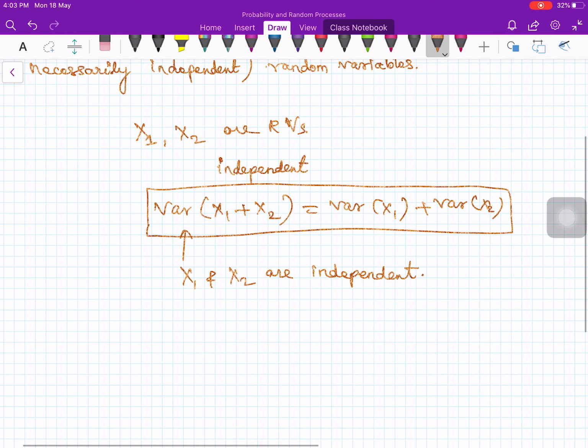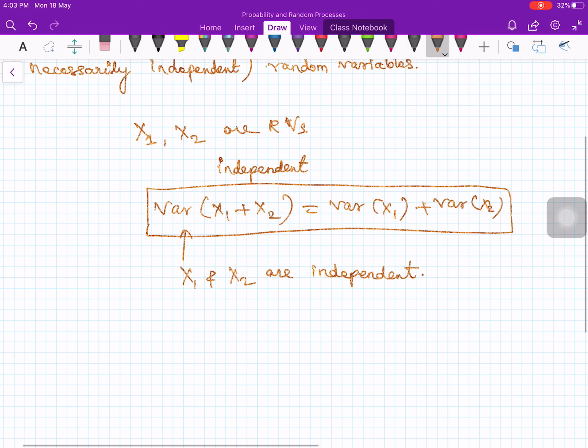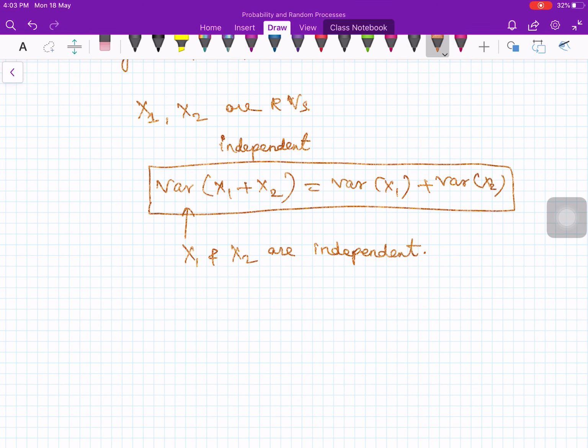But let us now look at what happens in the case where we may have dependence. By definition, variance is the expected value of the squared difference of the random variable from its expected value. So variance of x equals, I am writing the general formula first, the expectation of x minus e of x, the whole square. This is a general formula.